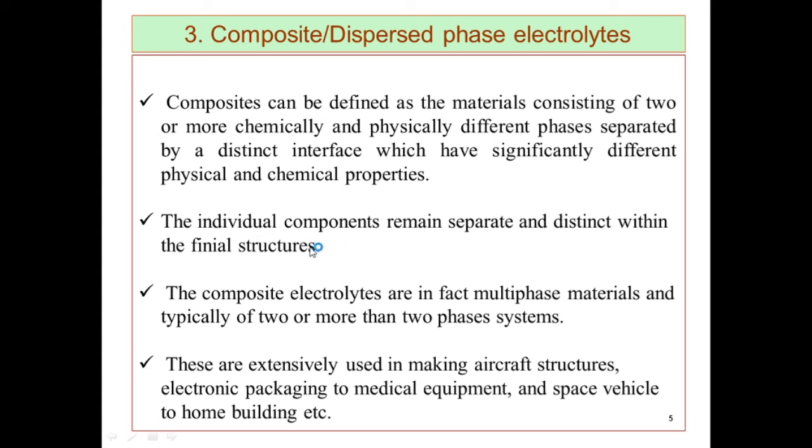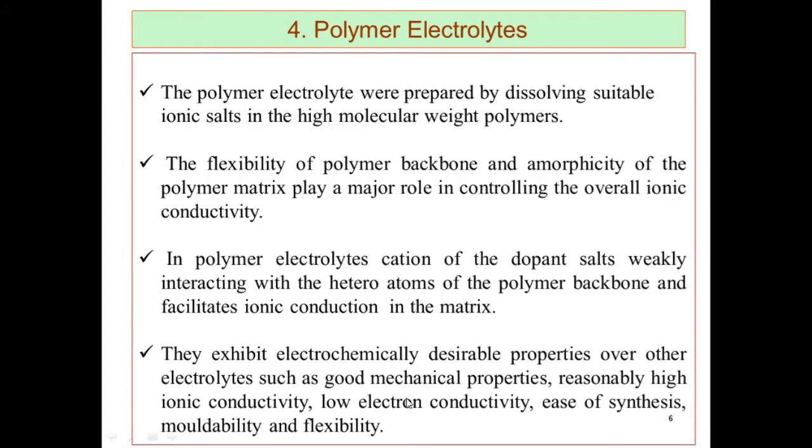The individual components remain separate and distinct within the final structure. Composite electrolytes are multi-phase materials, typically two or more phase systems. They are extensively used in making aircraft, electronic packaging, medical equipment, and space vehicles, and as an active material for solid state electrochemical devices also.